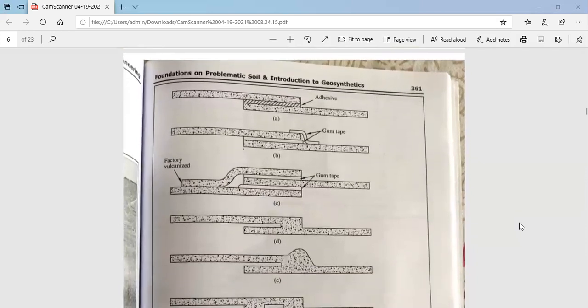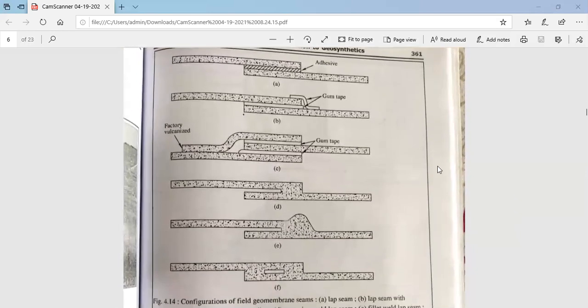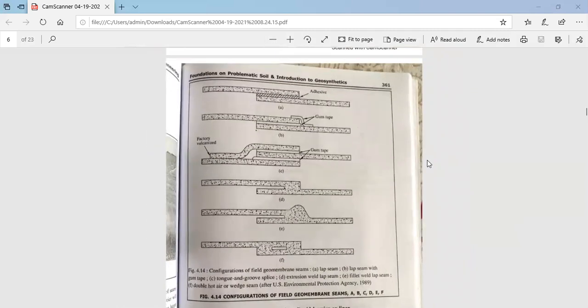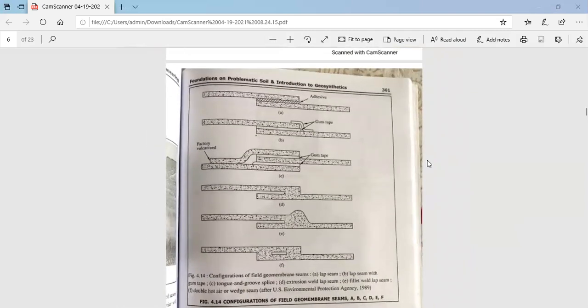As you can see in this figure, the first one, A, is a lap seam applying adhesive. B is a lap seam with the gum type, where gum is provided at the end of this joint, right? C is a tongue and groove splice.